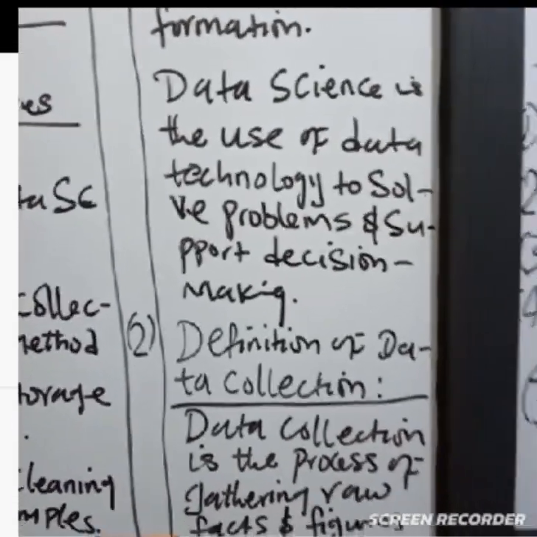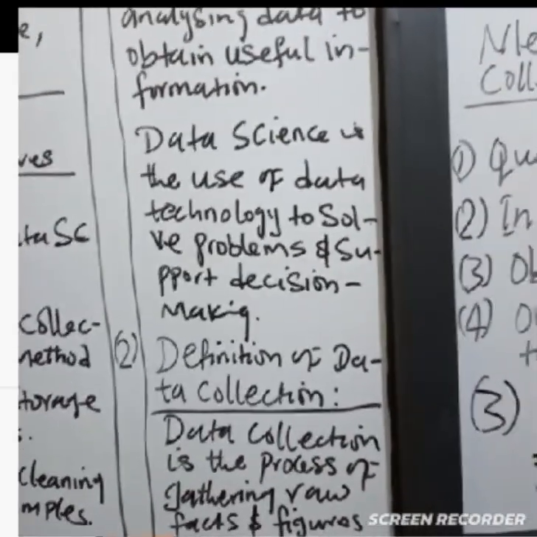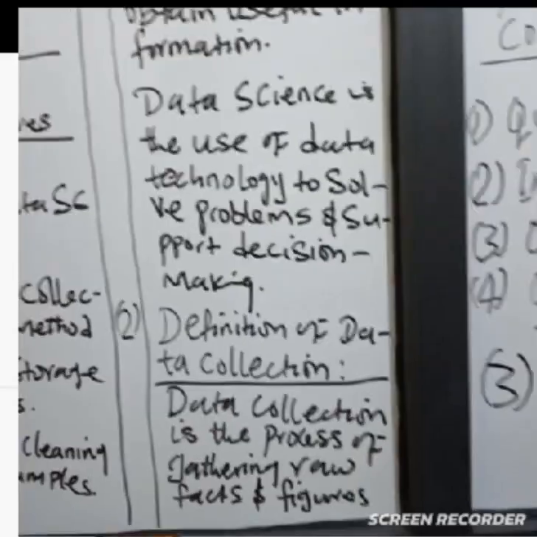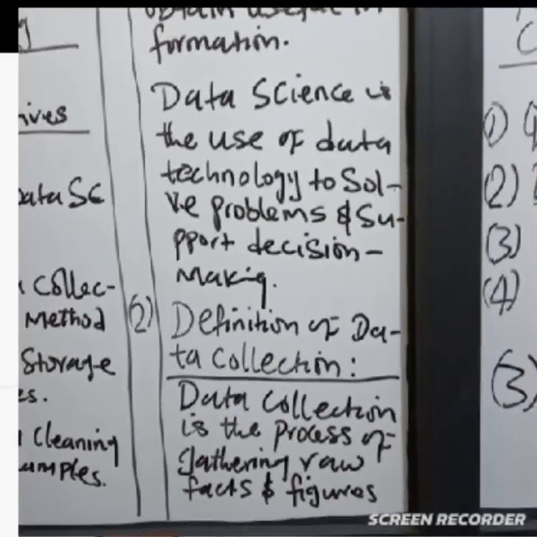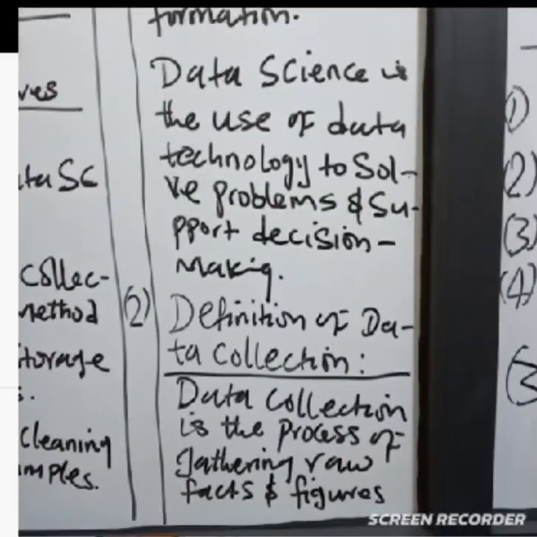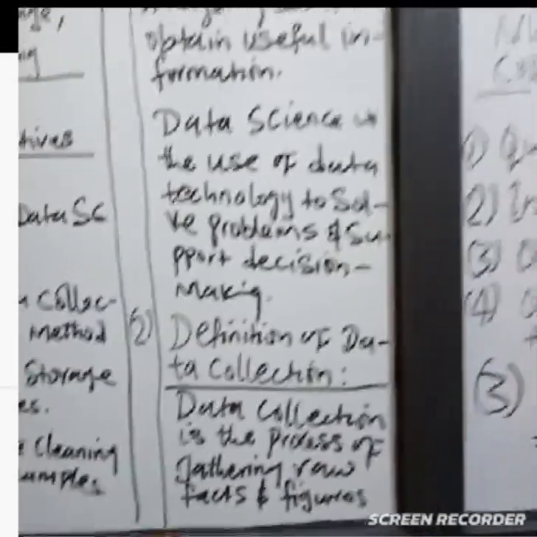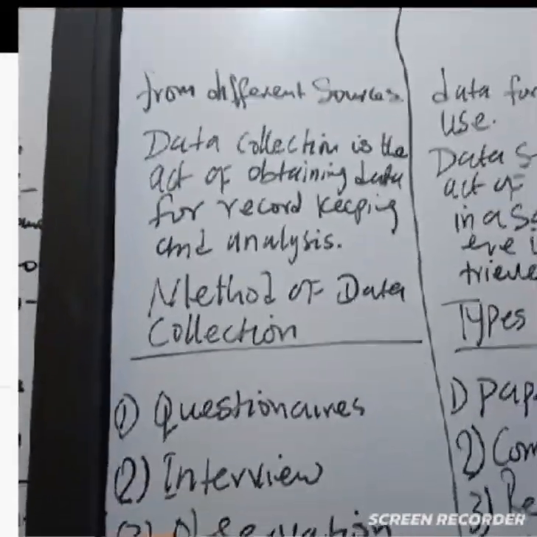Now, our objective number two is data collection and its methods. Definition of data collection: data collection is the process of gathering raw facts and figures from different sources.